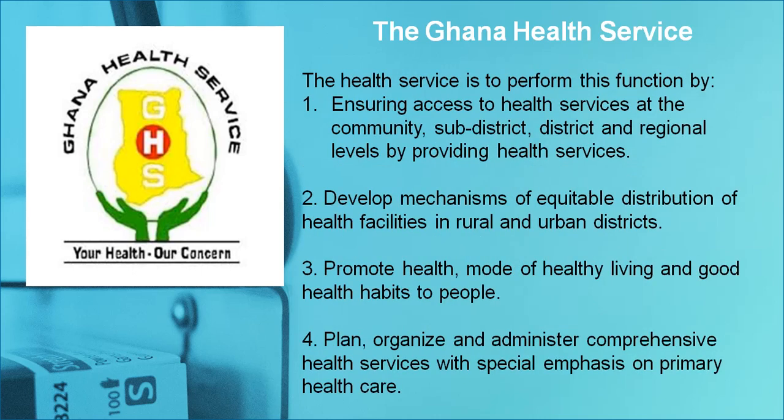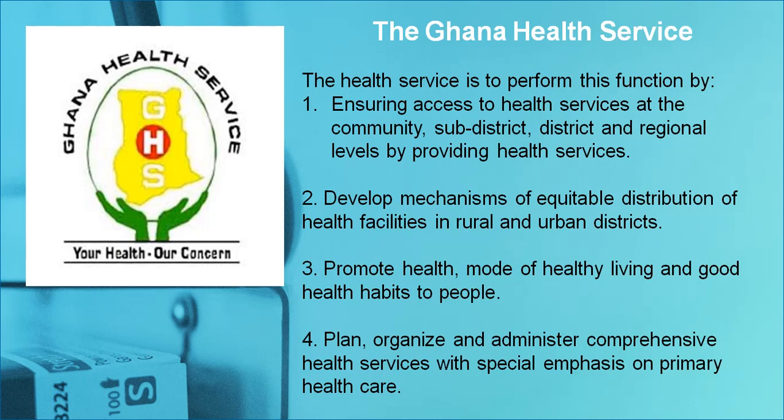Let's look at a few functions that the Ghana Health Service performs. One, they are supposed to ensure access to health services at the community, the sub-district, district, and regional levels by providing health service. And later, we are going to be talking about primary healthcare, secondary healthcare, and tertiary healthcare, and how the Ghana Health Service is able to do it.